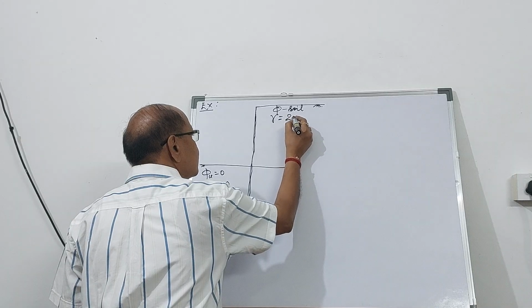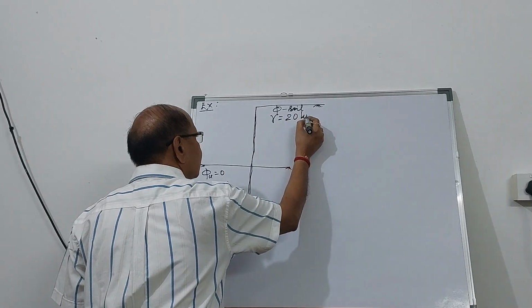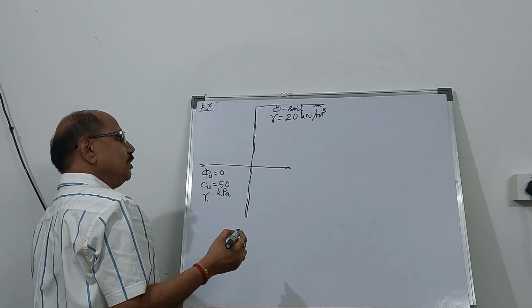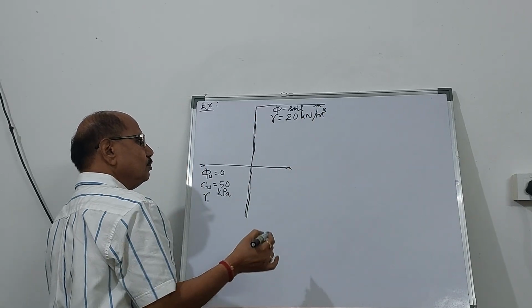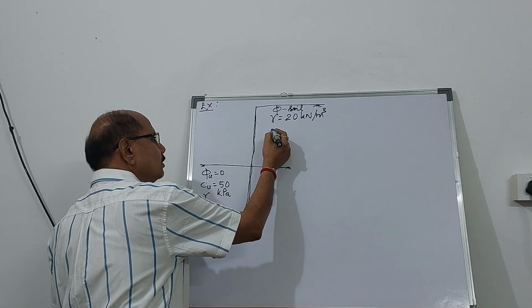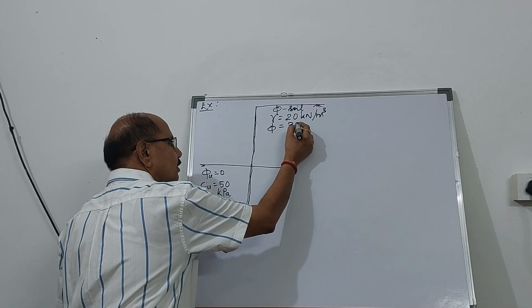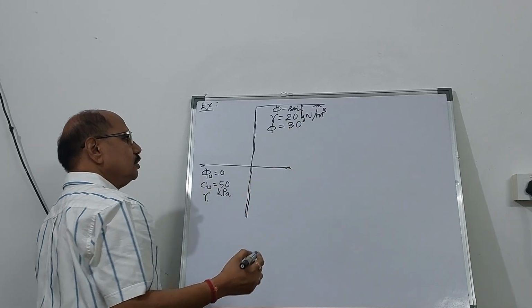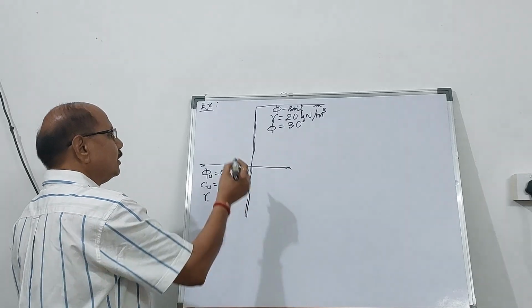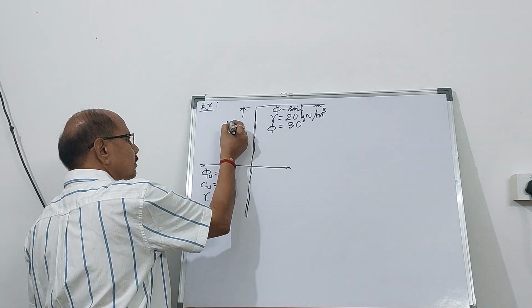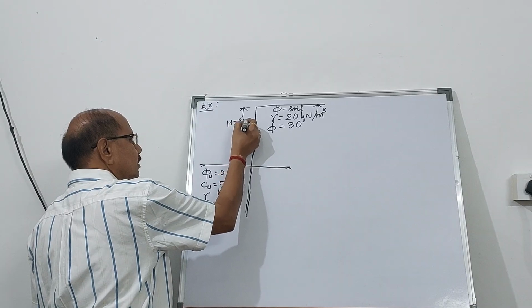The unit weight is 20 kilonewton per cubic meter, and it is in dry condition. And the value of phi, angle of internal friction, is 30 degree, and the height of this cantilever sheet pile is 3 meter.